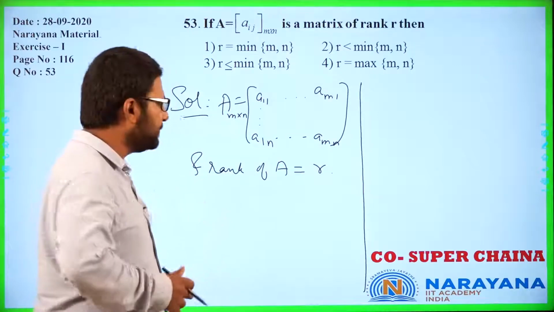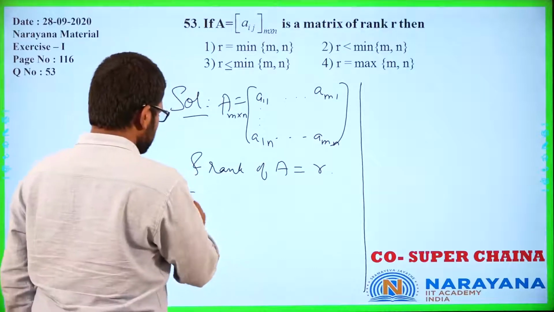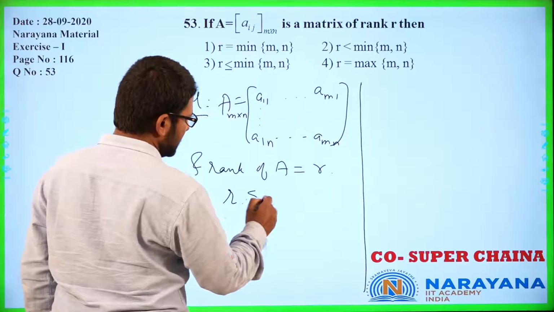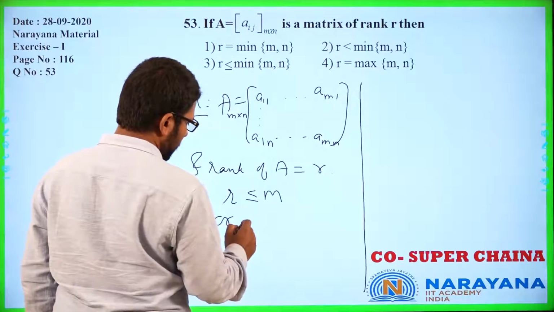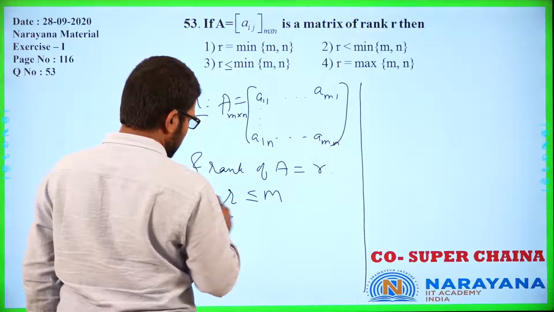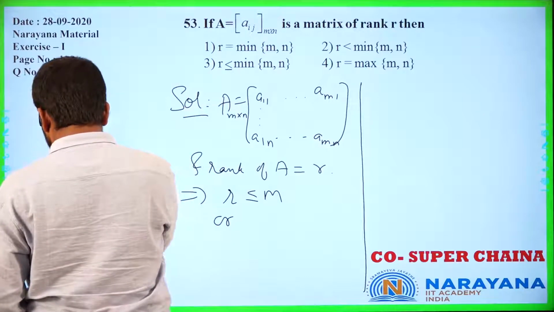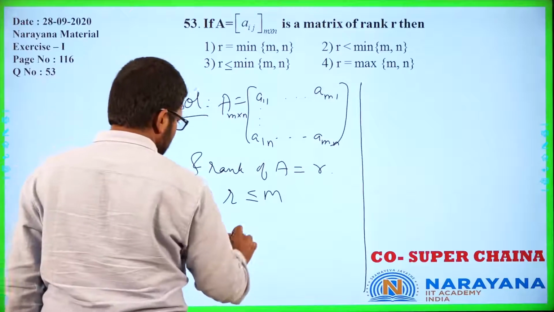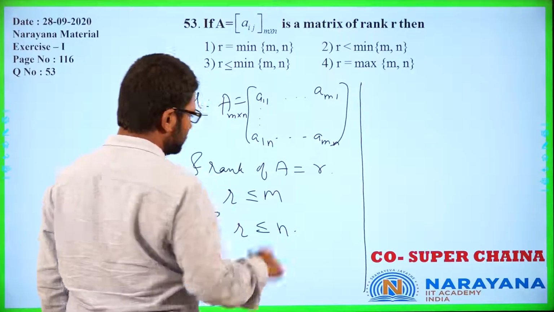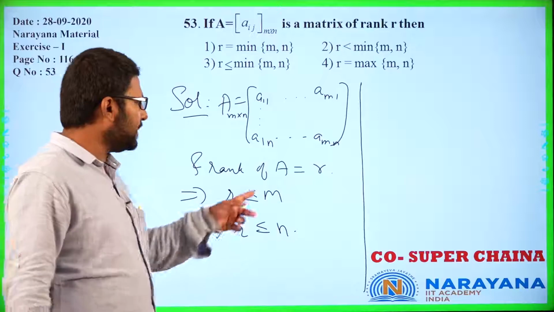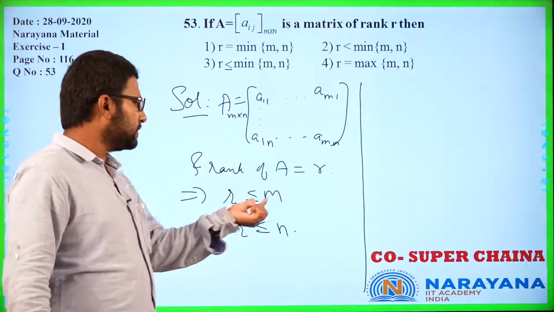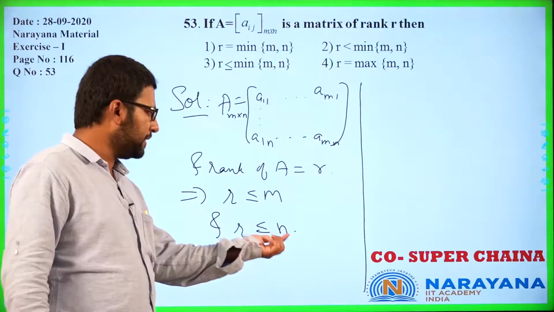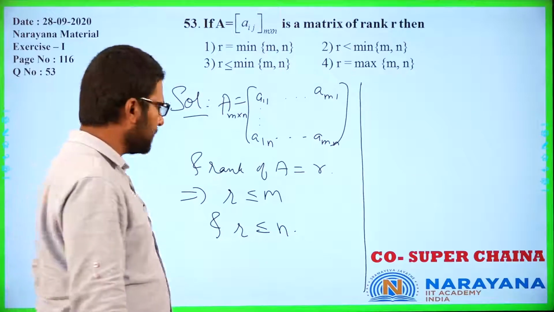In other words, we can say R is less than or equal to M, and R is less than or equal to N. So R must be smaller than both the row number and column number, correct?